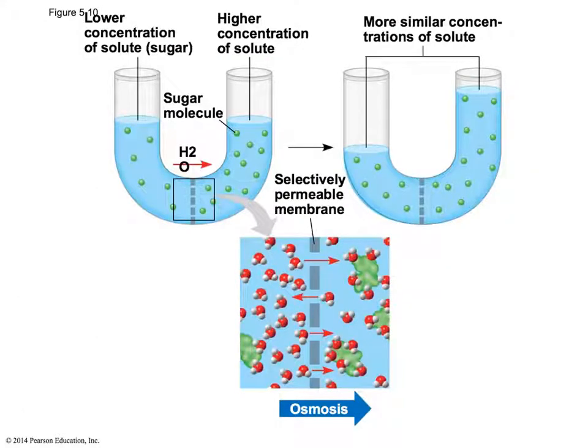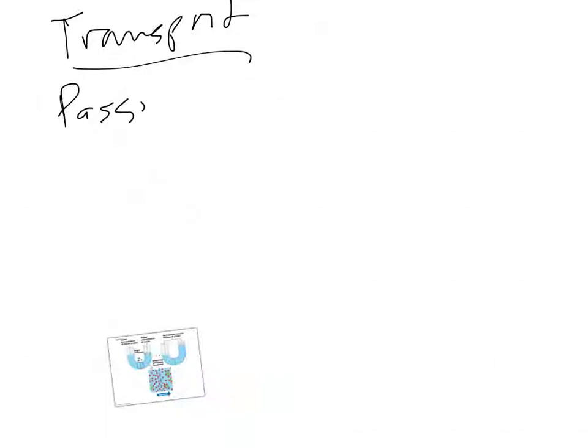Paying attention. Okay? So we have diffusion as a process. So we have transport processes. Let's do this. Transport, and we have passive, which is diffusion. Can you give me another passive process of transport?